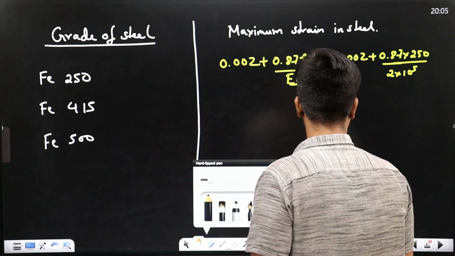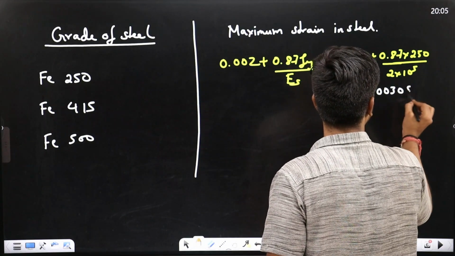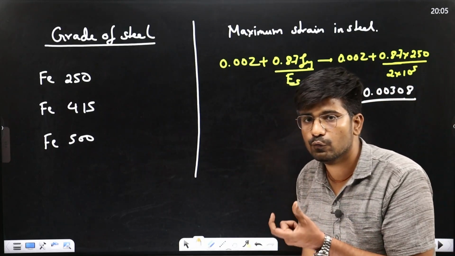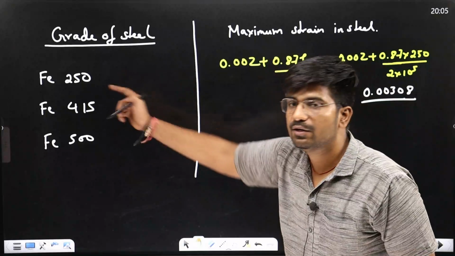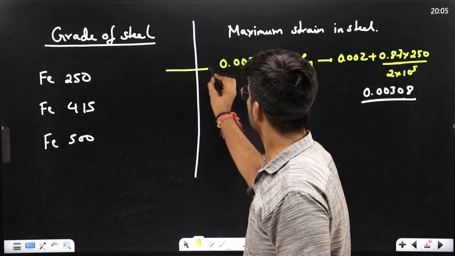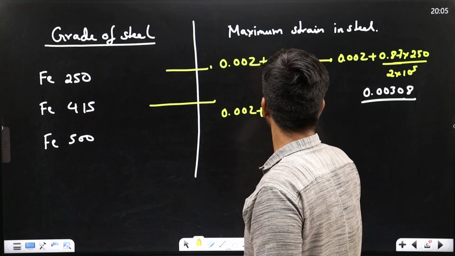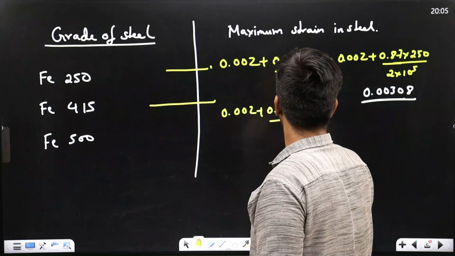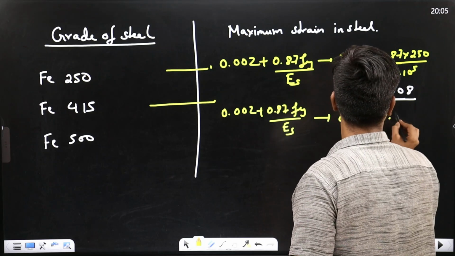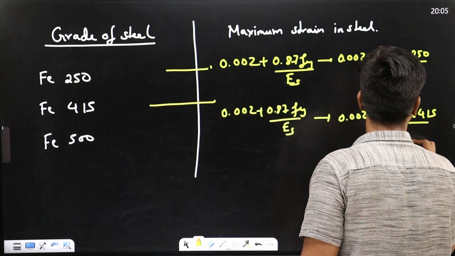Now, what value are you getting? You will get around 0.00308. This is the maximum strain value for steel when you are using grade Fe250. Now similarly for other grades: 0.002 plus 0.87 into 415 upon 2 into 10 to the power 5.